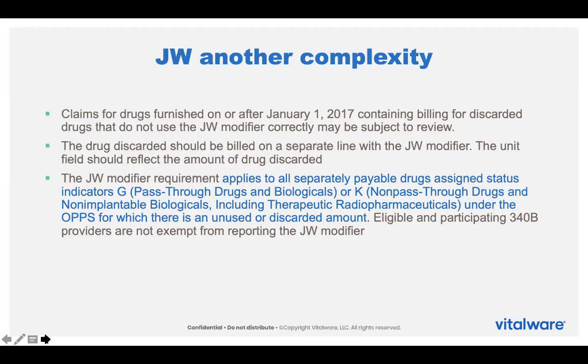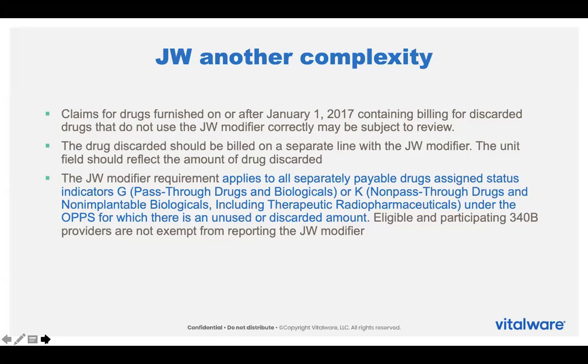They basically said that prior to January 1st, 2017, if you contained discarded drugs and didn't use the JW, they were going to review it. The drug discarded should be billed on a separate line with the JW. So basically, you're going to take the NDC number and the HCPCS for the full single dose, and you're going to display on line number 1 the amount you administered based on the order.